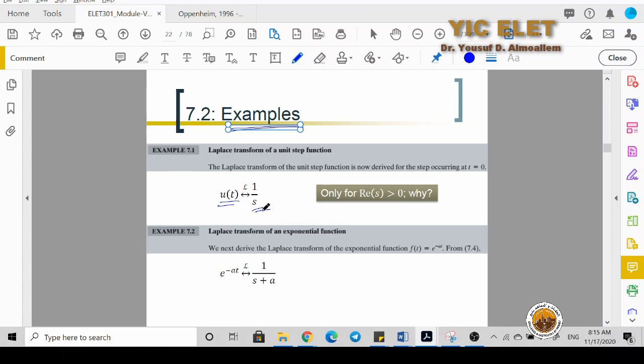You see, this is much simpler than the notation we could have with 1 over j omega. Even working with this expression would be much easier when comparing this with that.